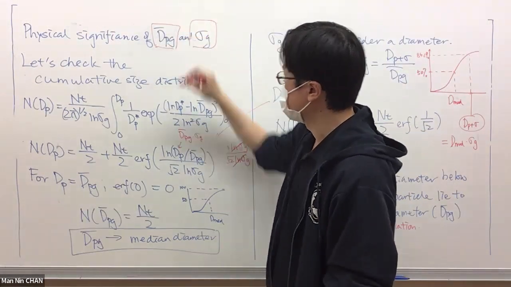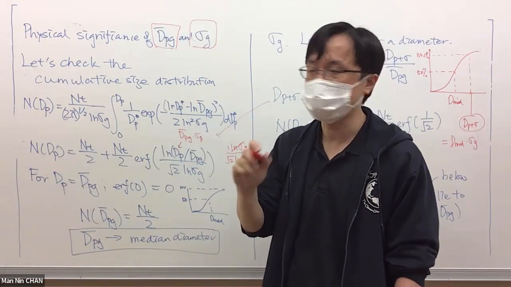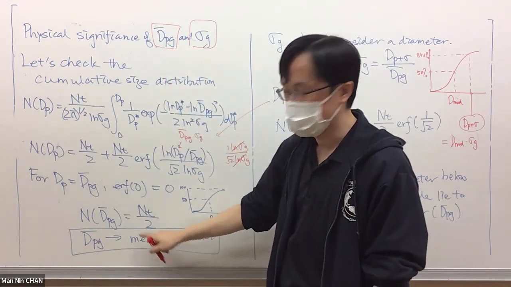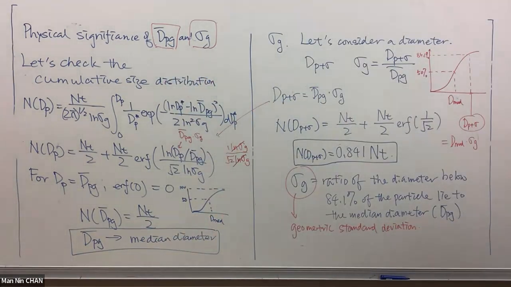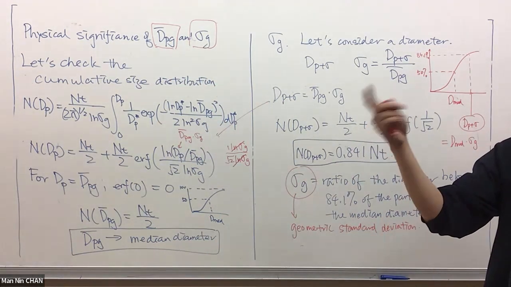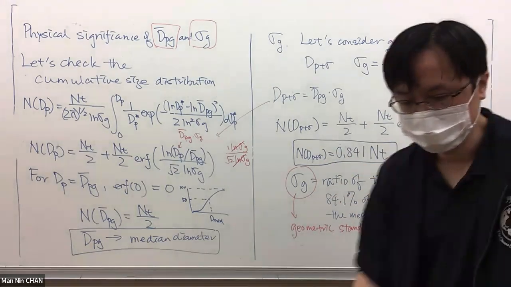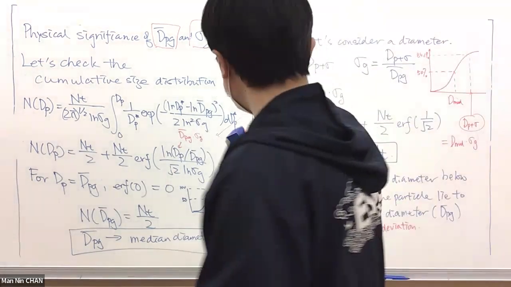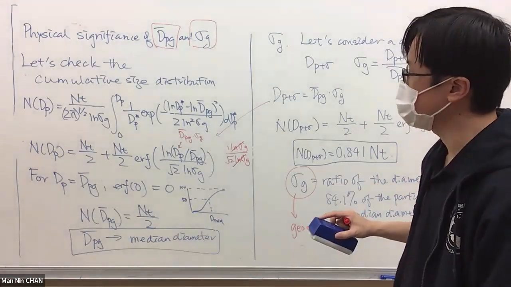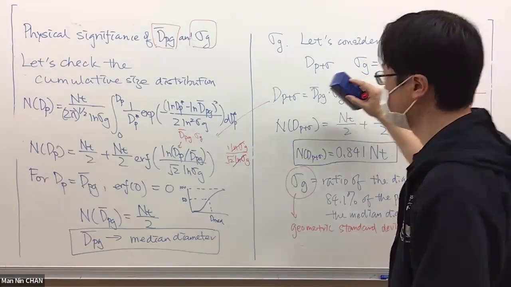Remember, this is not the mean diameter, it is called the median diameter. Do you have any questions so far? Basically, the geometric standard deviation is like the variance, giving you the spread of the data. If you are okay with this, let me save some of these equations. How about this?